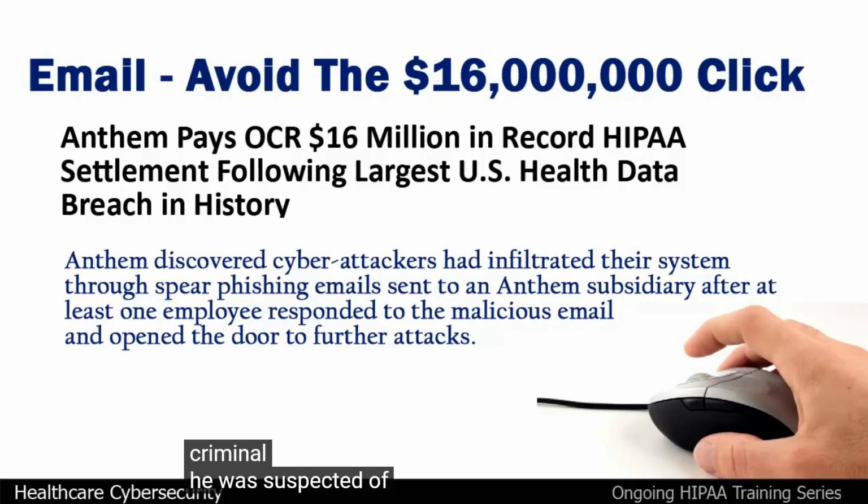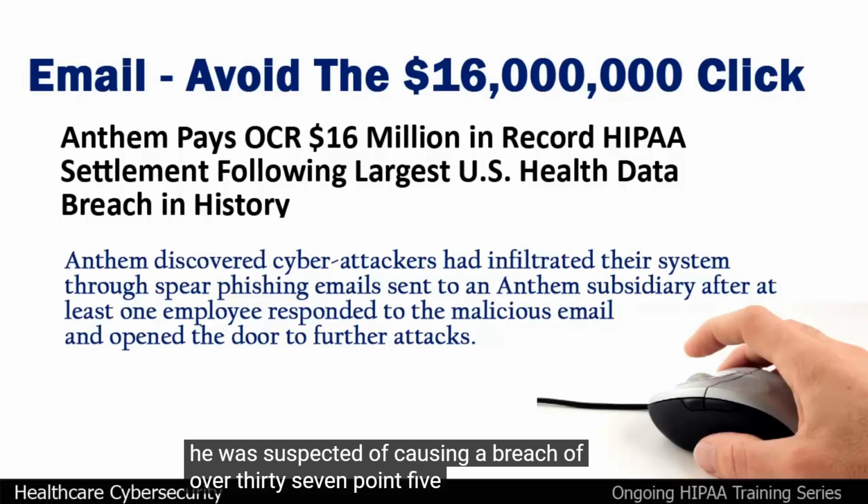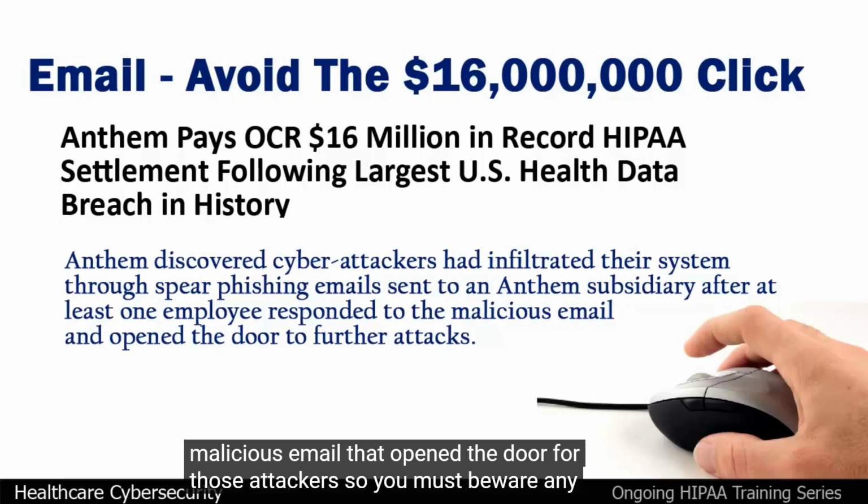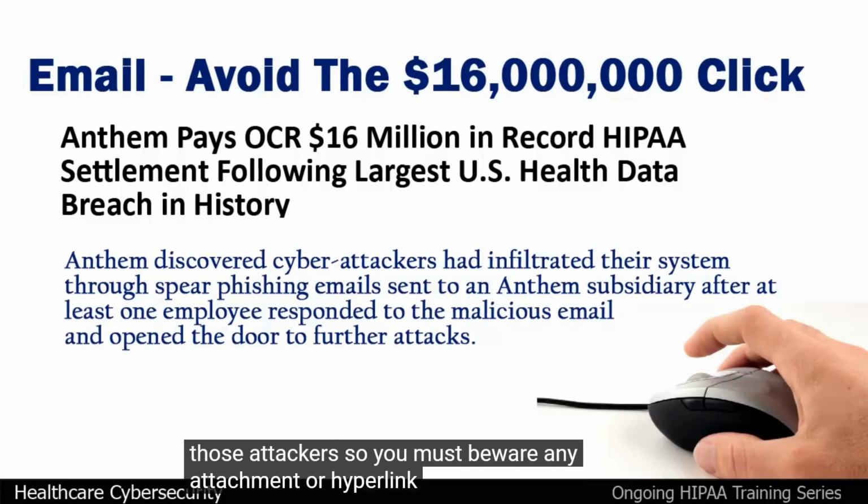He was suspected of causing a breach of over 37.5 million records by Anthem. It was a click on a malicious email that opened the door for those attackers. So you must beware. Any attachment or hyperlink can be a problem, and therefore only open those that you trust 100%.